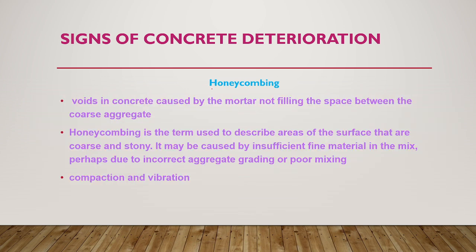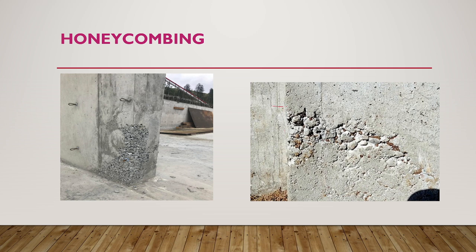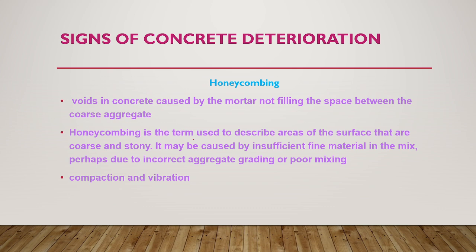Next one is honeycombing. Here you can see this is honeycombing, and here also you can see this is honeycombing. So what is honeycombing? Here you can see only large aggregates. You can't see the fine aggregate or cementitious material. Honeycombing is nothing but areas of the surface that are coarse and stony.